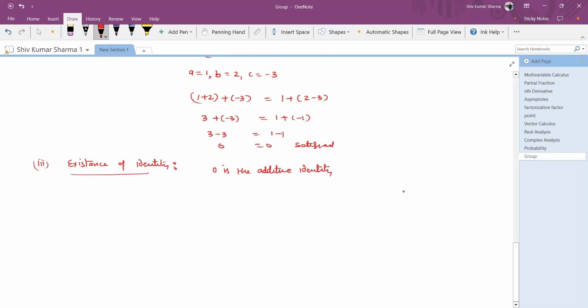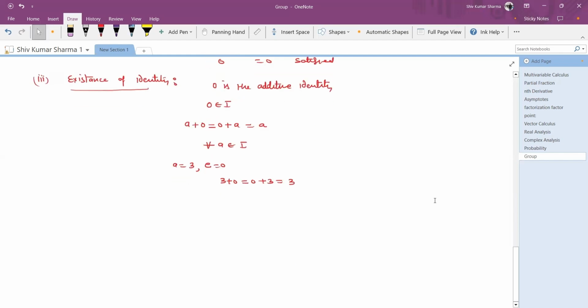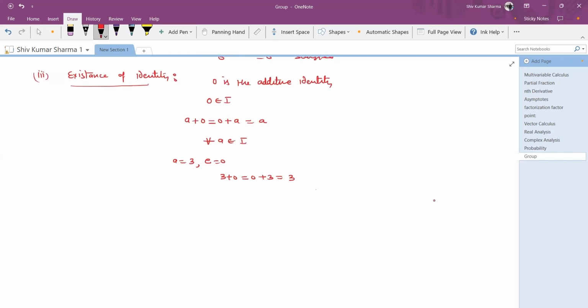Does 0 belong to I? Yes, 0 belongs to I. Then a plus 0 is equal to 0 plus a is equal to a, for every a that belongs to I. When we consider a equal to 3 and the identity e equal to 0, we can write 3 plus 0 is equal to 0 plus 3 is equal to 3. So identity is satisfied in each case.